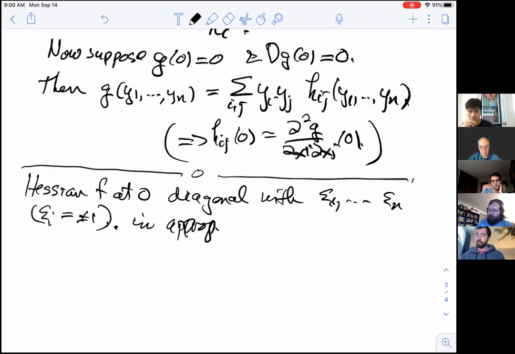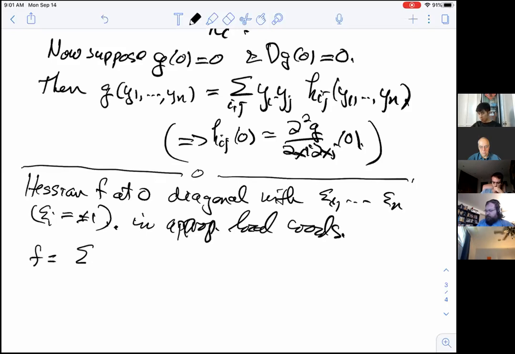And I'm going to use those coordinates. I'm going to start modifying them. Well, I know that f in these coordinates is summation over i and j of xi xj hij of x1 to xn, and the hij are symmetric. Okay, so I'm going to, one step at a time, make this function begin to look like its Hessian.